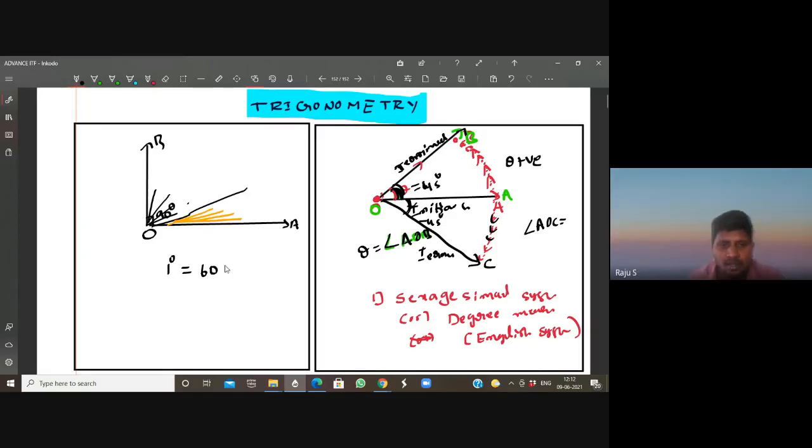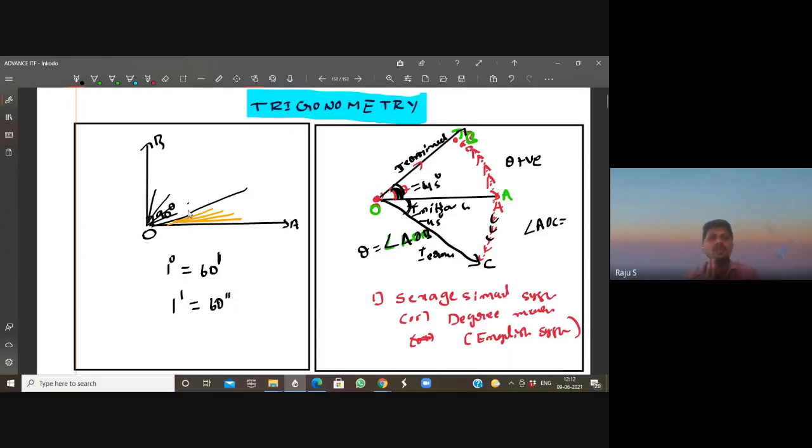So 1 degree is equal to 60 minutes. Minutes are denoted by a dash. And 1 minute is equal to 60 seconds, a double dash. The minutes are denoted by a dash and the seconds by a double dash. These are the symbols to denote minutes and seconds respectively.